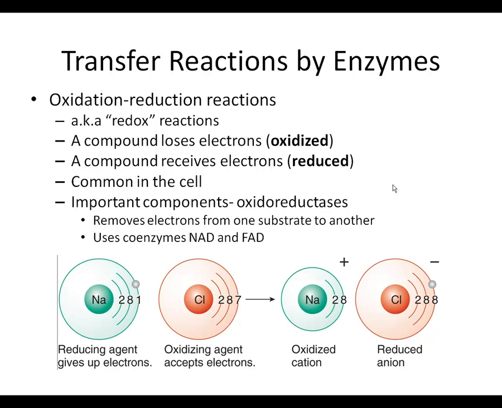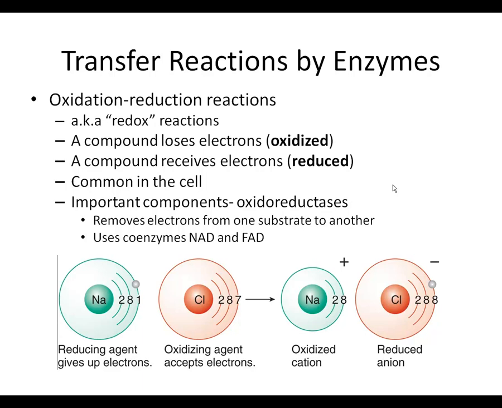The compound that receives the electron then is going to be reduced. If you're going to have an oxidation reaction, you must have a reduction reaction. You can't have one without the other. These are very common in the cell. Most of metabolism is a series of oxidation reduction reactions.